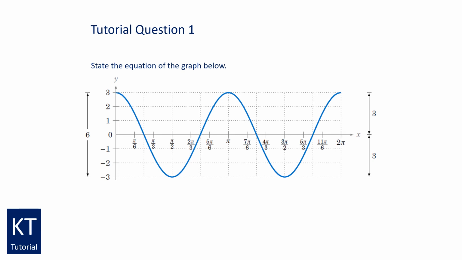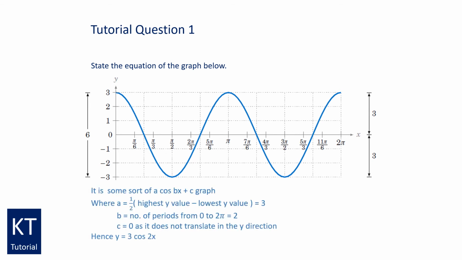With that, we move on to tutorial question 1, requesting us to state the equation of the graph below. From its shape, we know it is some sort of an a cos bx plus c graph, where a is half of the difference between its highest and lowest y value, and this comes to 3.